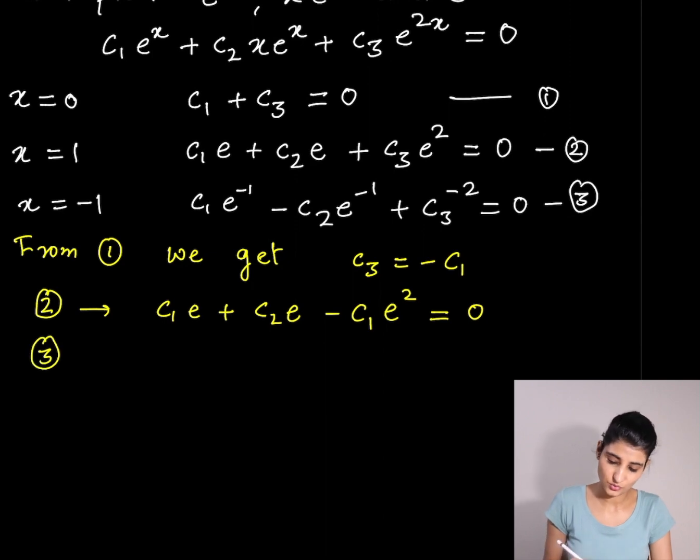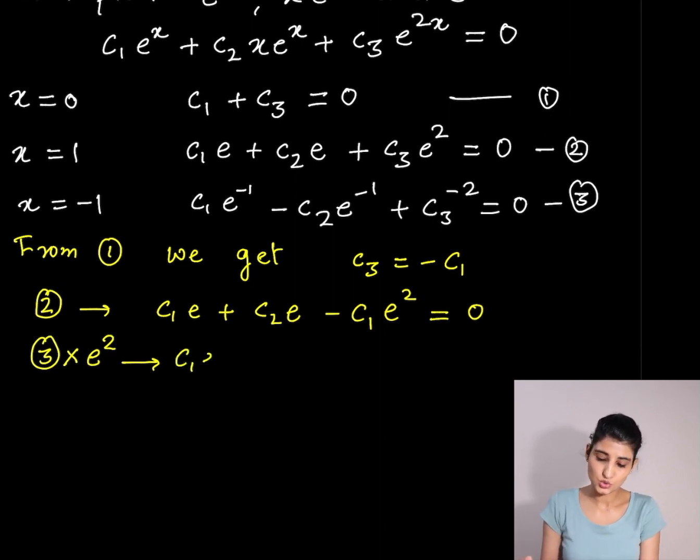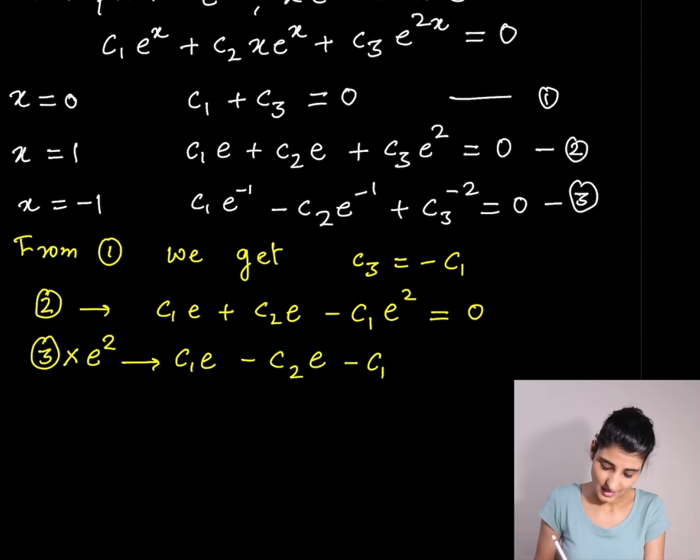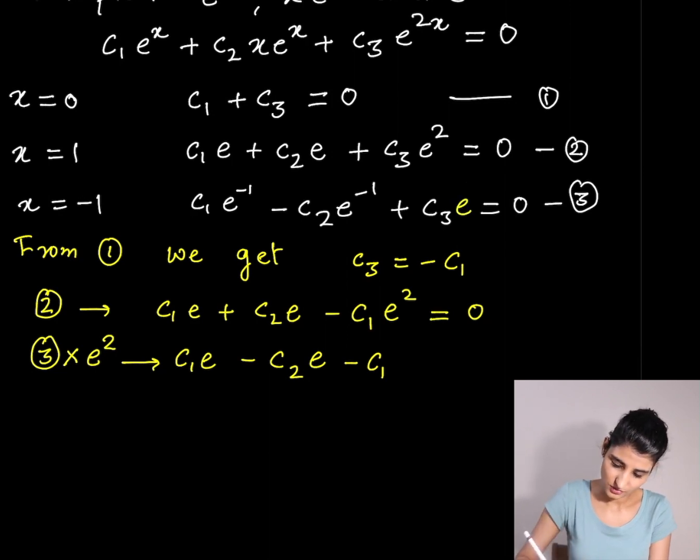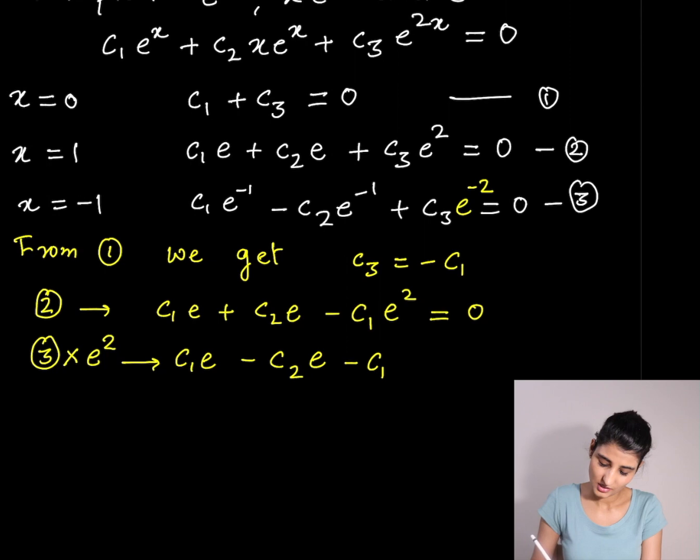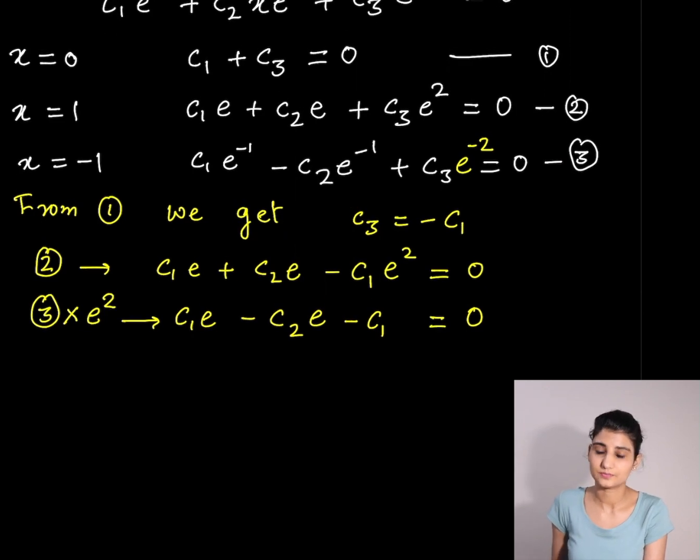This is our equation 2, and we are multiplying equation 3 by e square, and we will get, if bases are the same, we add the exponents. So 2 minus 1 is 1, so we will get c1 e minus c2 e minus, oops, I forgot e here, this is e to the negative 2. So c1 equal to 0. This is what we will get.